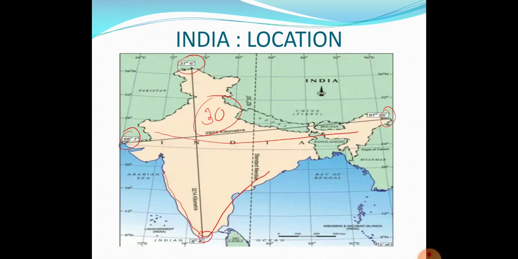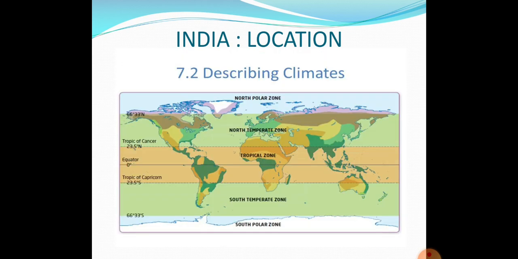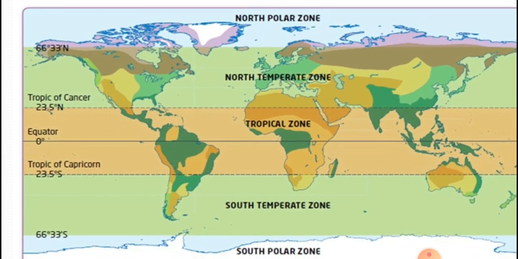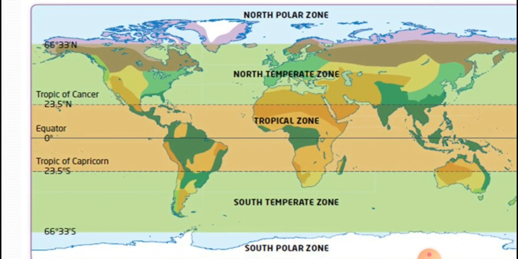The southern half is known as southern hemisphere and the northern half is known as northern hemisphere. And according to that, we have divided the world into zones. Now you should know that 23.5 north latitude is the tropic of Cancer, and 23.5 south latitude is the tropic of Capricorn, and in the middle there is the equator.